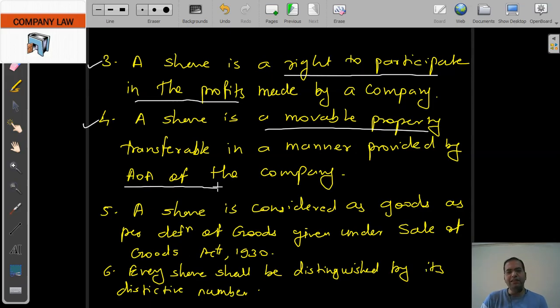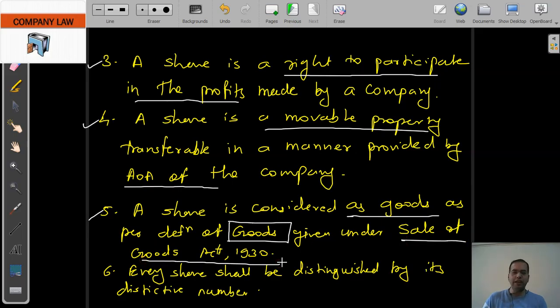A share is considered as goods, very important. So where the definition of goods is defined, it is defined under the Sale of Goods Act. Under the Sale of Goods Act, the definition of goods is given like this: goods means every kind of movable property other than actionable claims and money, and includes stock and shares, growing crops, grass, or things attached to or forming part of the land which are agreed to be severed before sale or under the contract of sale.